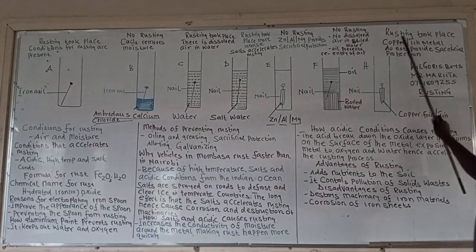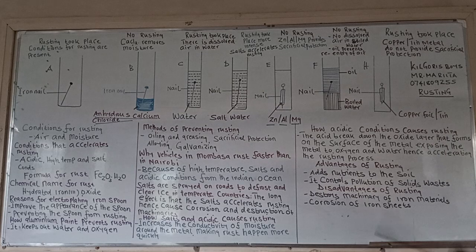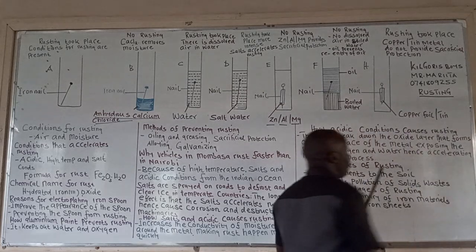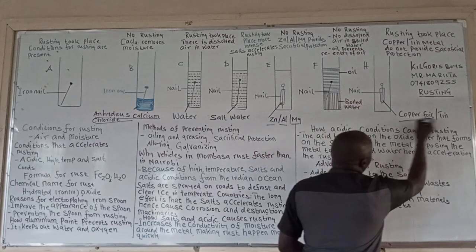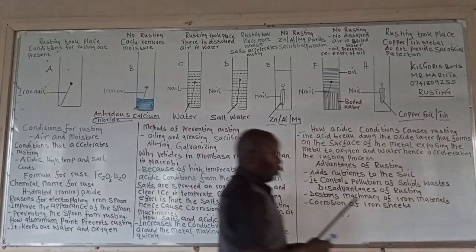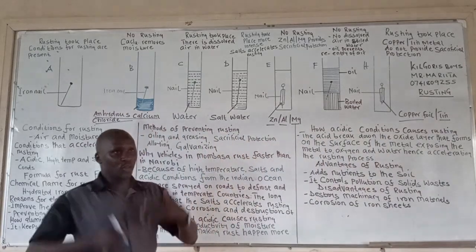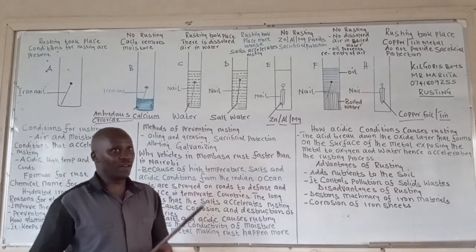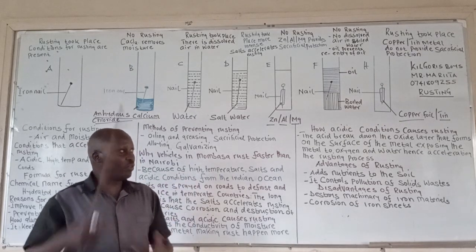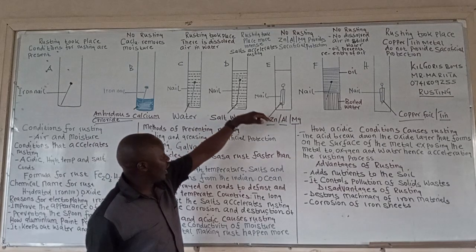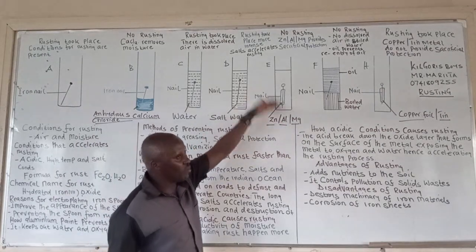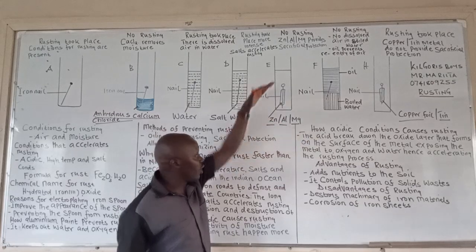In test tube H, we have the nail which is wrapped with copper foil or tin. What is happening here? The question is also testing electroplating, whether the metals will prevent iron from rusting. When we have aluminum, zinc, and magnesium, they provide sacrificial protection, so there will be no rusting.